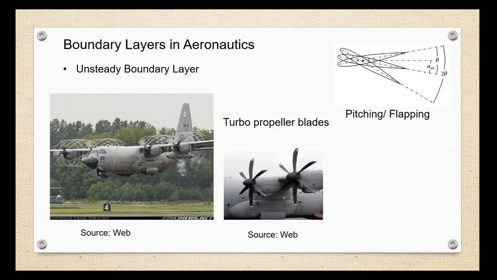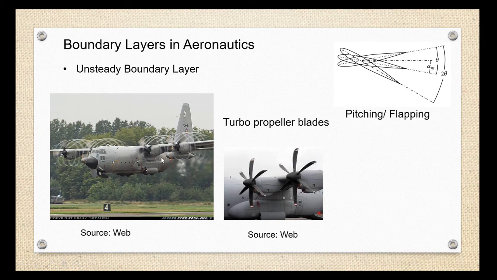Another manifestation is an unsteady boundary layer, where the flow changes with time. A typical instance is the propeller wake for a turboprop aircraft, for example.